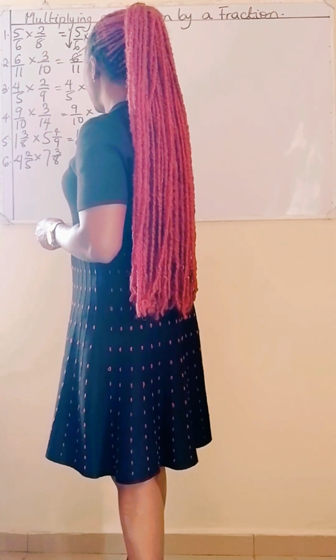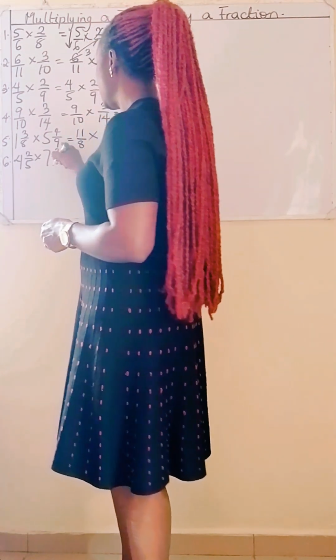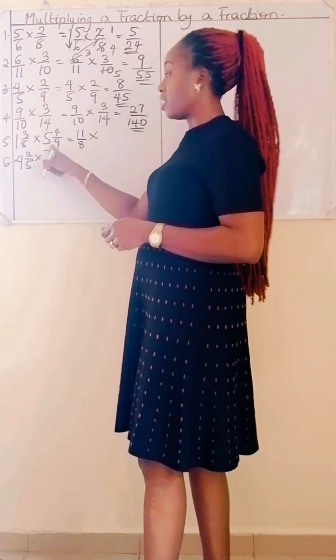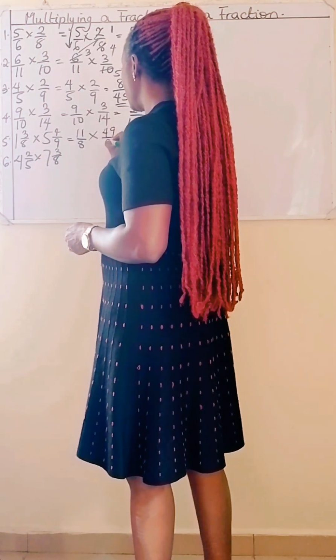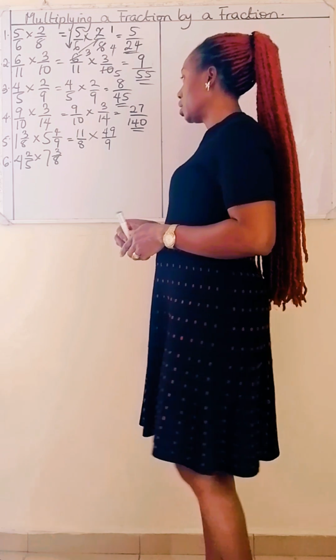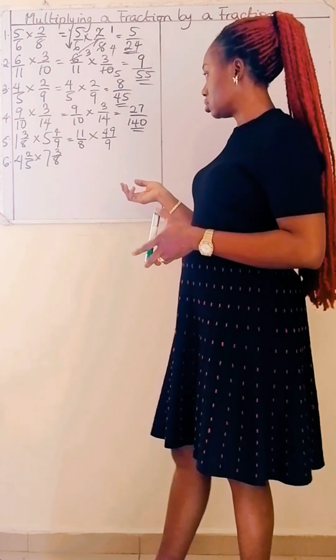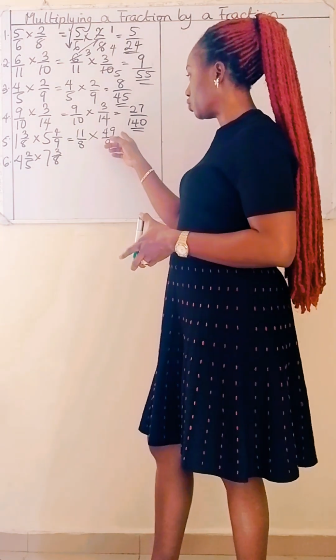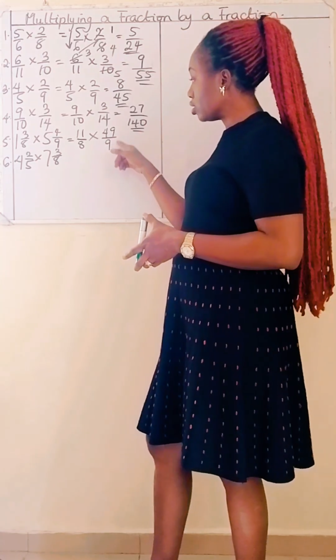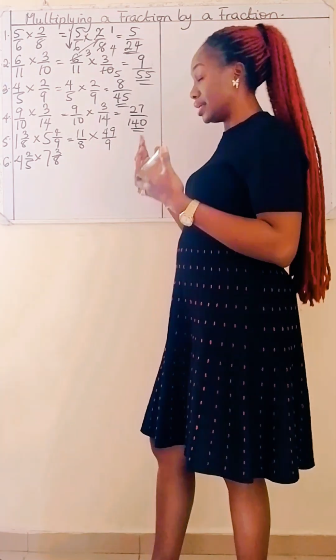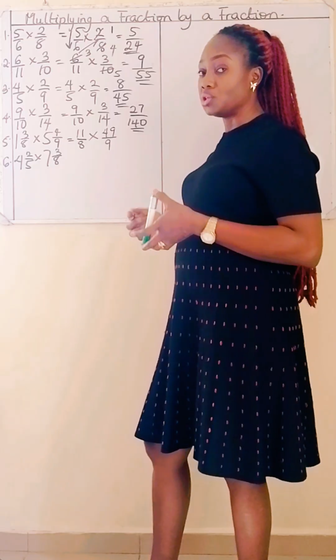So we have 11/8 times 9 times 5 is 45, and 45 plus 4 equals 49/9. Now, from this question, can 8 go into 49? It's impossible. Can 9 also go into 49? It is also impossible. So what do we do?